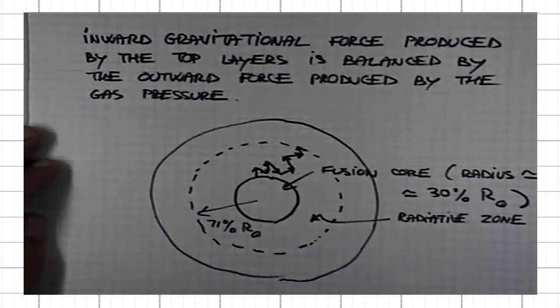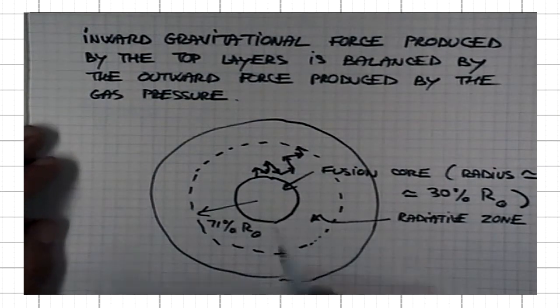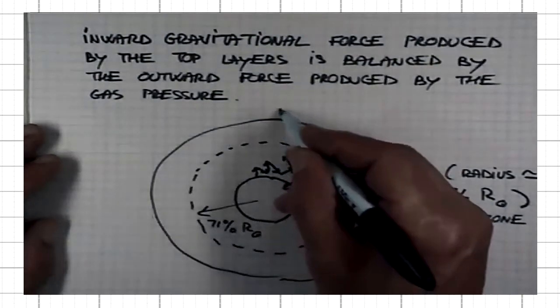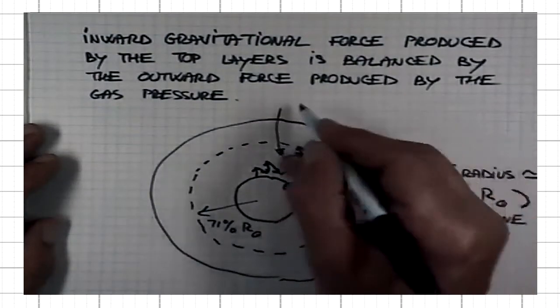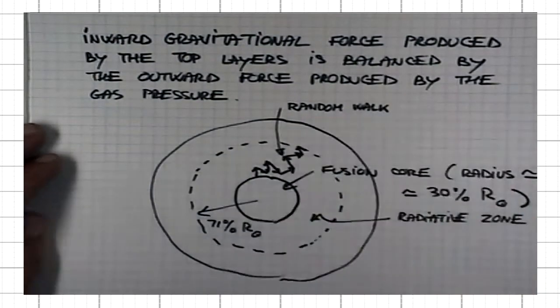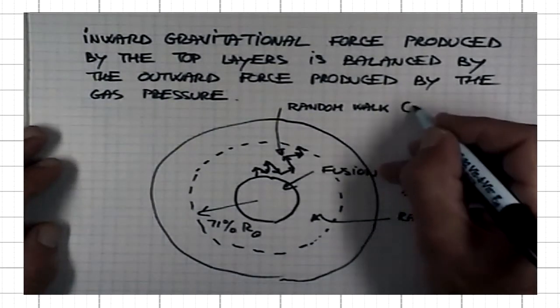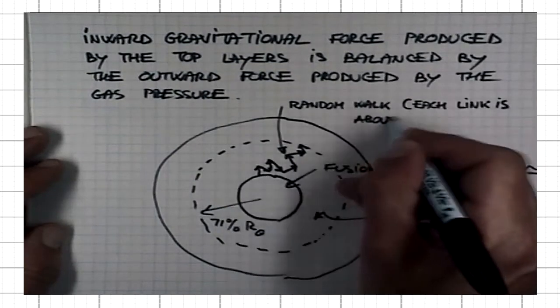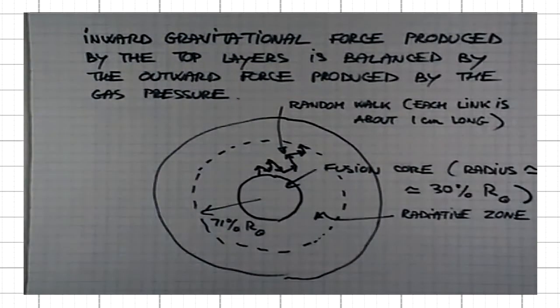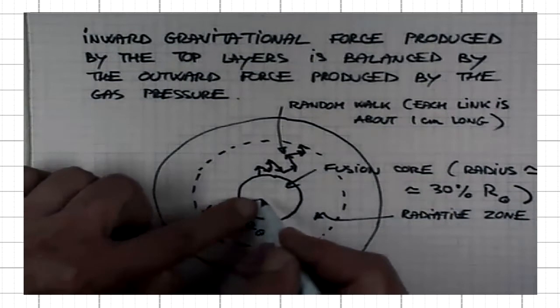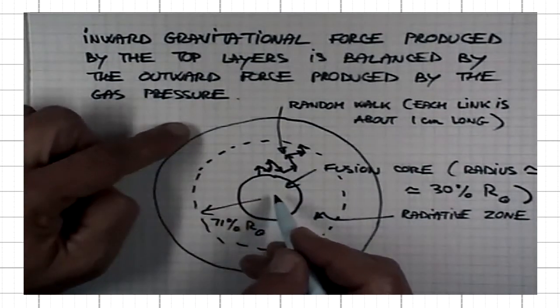So during the radiative zone, the photons are making this random walk like a drunken sailor. And each link is maybe 1 centimeter long. And it takes a photon, on average, 1 million years after it has been produced in the fusion core to make it to the surface.